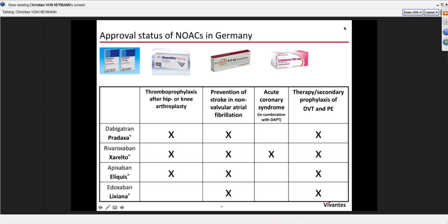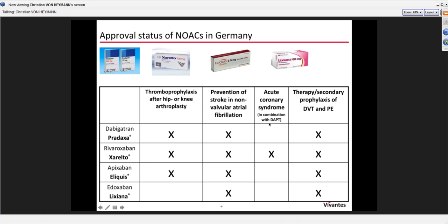And third, we have the indication for the therapy or secondary prophylaxis of deep vein thrombosis and pulmonary embolism. At the moment, only for rivaroxaban, we have another approval with a fairly low dose of 2 times 2.5 milligram for patients having acute coronary syndrome, and those patients would take the drug in combination with a dual antiplatelet treatment.